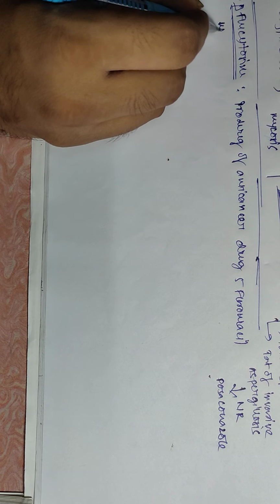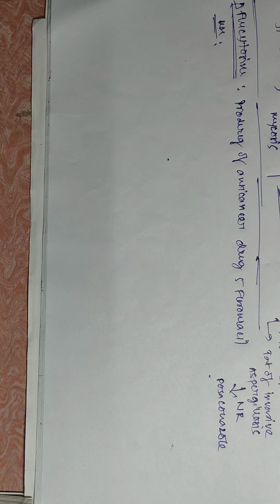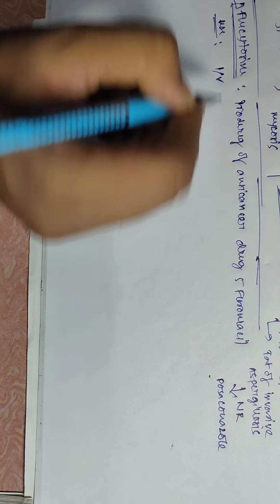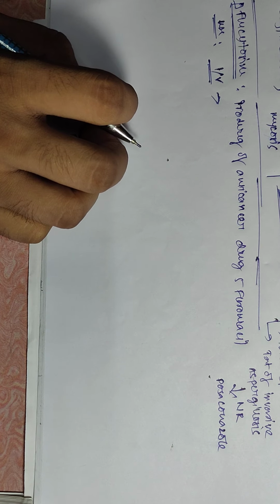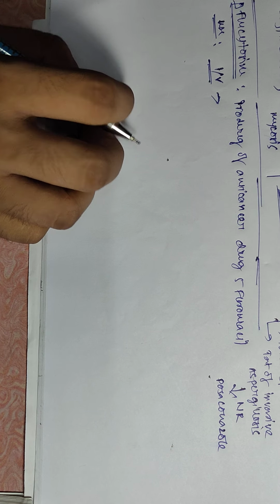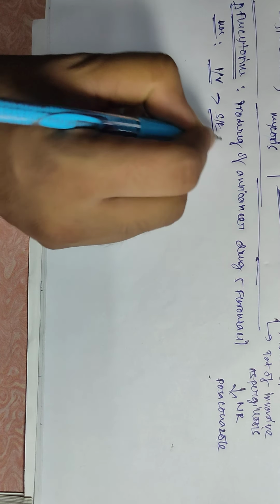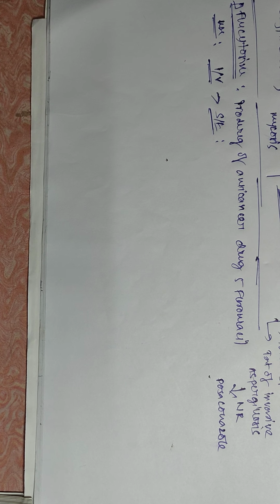Now talking about uses, it is used intravenously, right? In case of cryptococcal meningitis, I already have mentioned that. As for side effects, as it is a product of an anti-cancer drug, it causes huge bone marrow suppression. So whenever we use it, we should not use it for more than 2 weeks, right? So that is about the flucytosine.